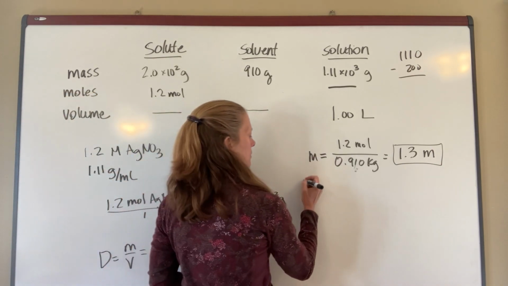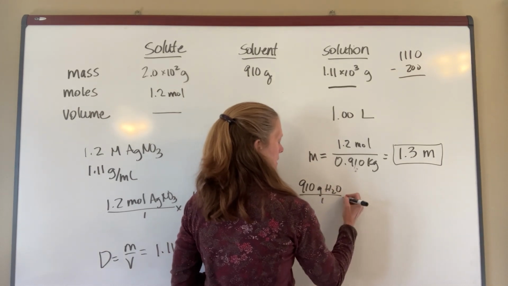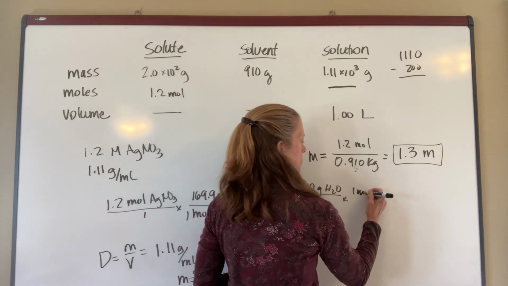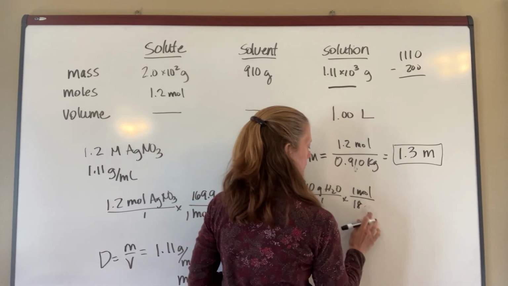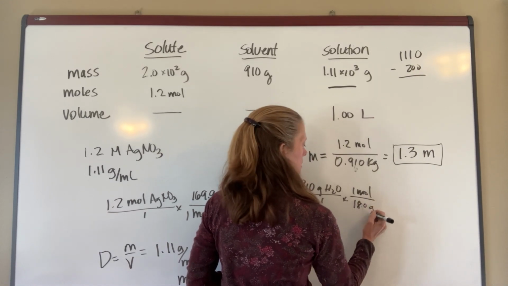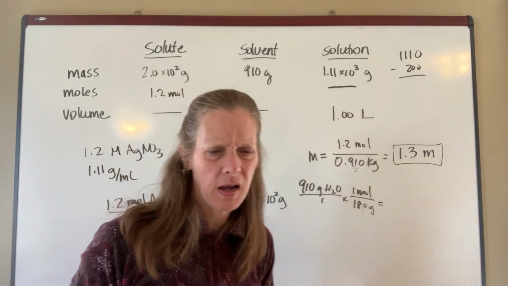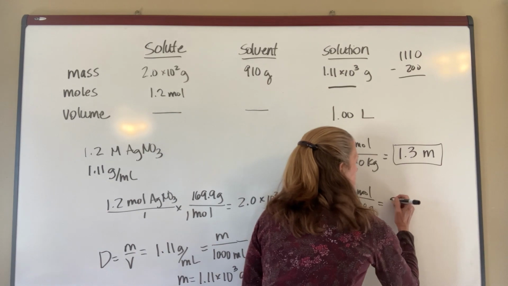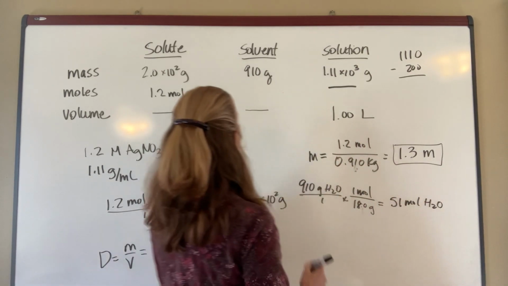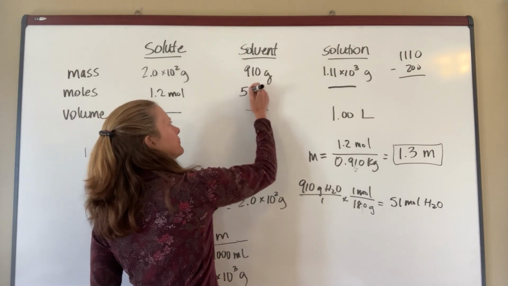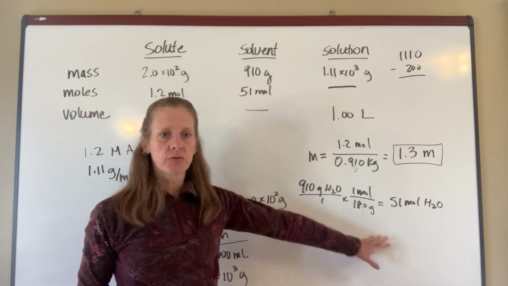So if I have 910 grams of water, and I know that in 1 mole of water there are 18 grams of water, that should actually have 3 significant figures there, 18.0 grams of water. When I divide that out, that gives me 51 moles of water. So I'm going to go up here and plug in my 51 moles of water.